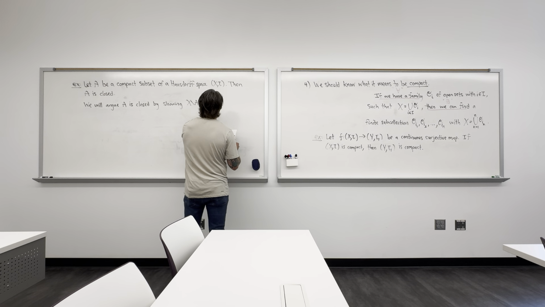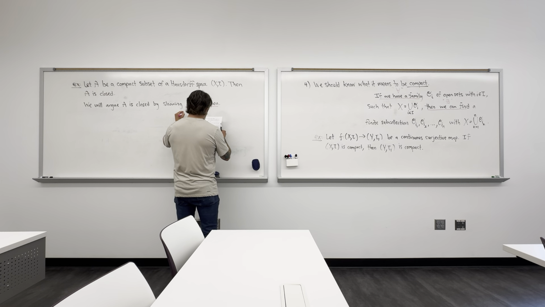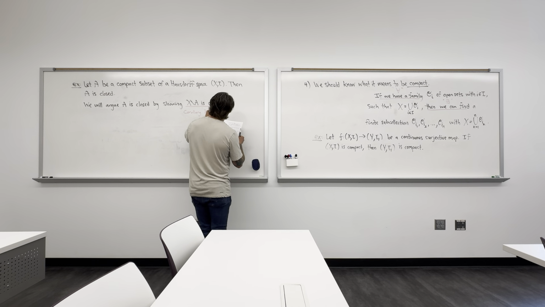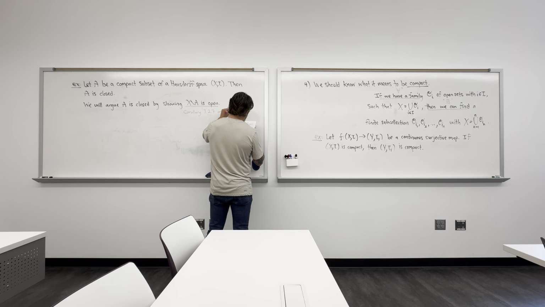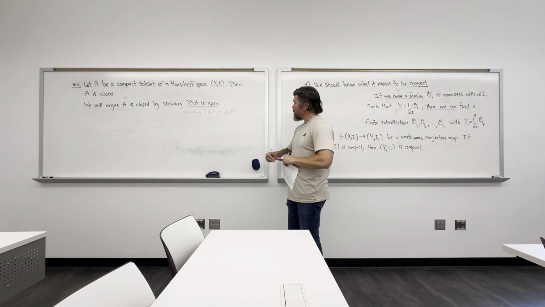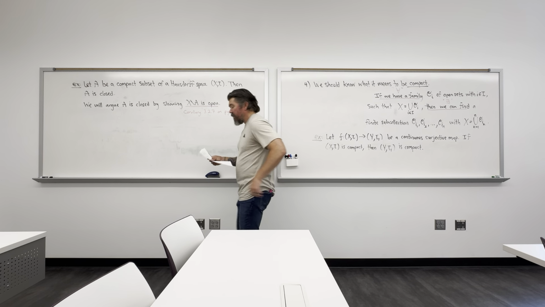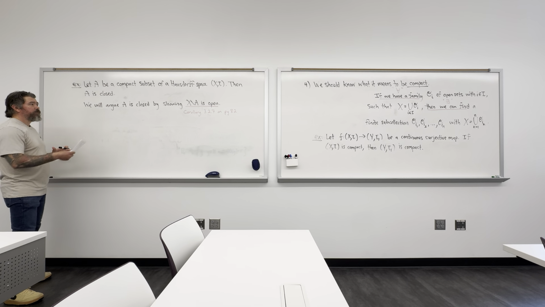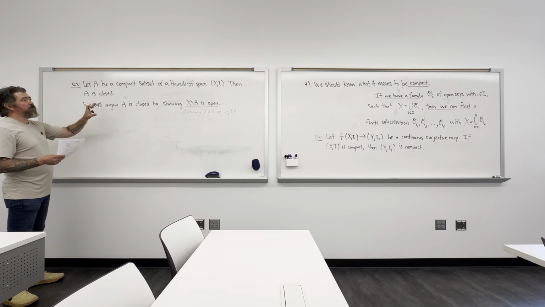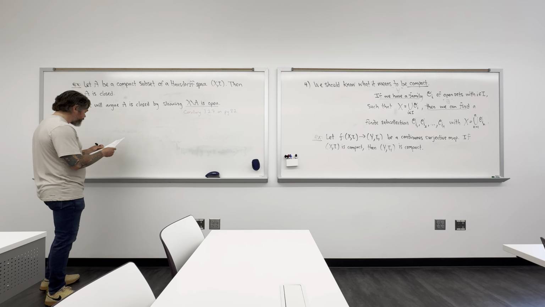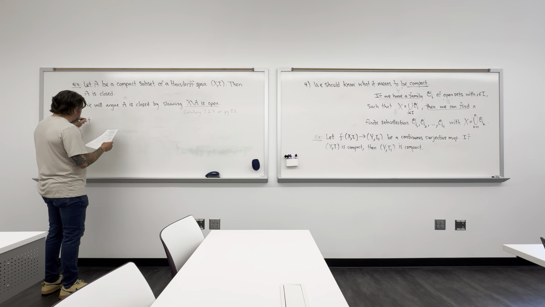And to do this, we're going to use Corollary 3.2.7 found on page 82. So go back and take a look at that corollary. It allows us to argue that a set is closed by arguing the complement is open using neighborhoods. Okay, so let's start the proof.